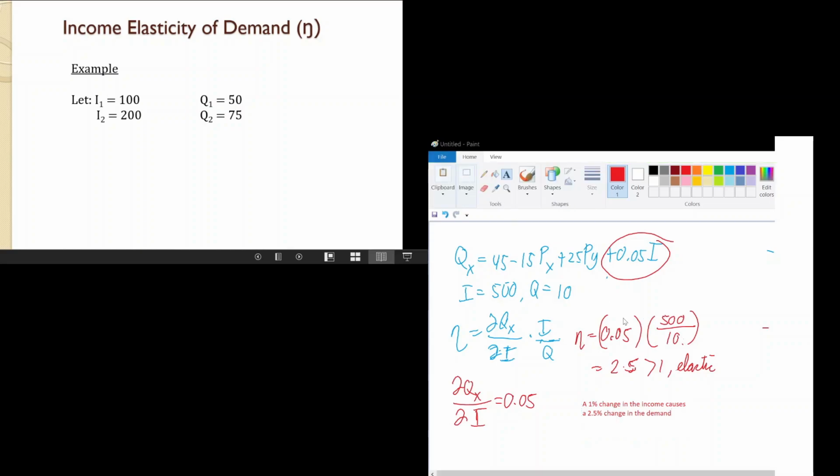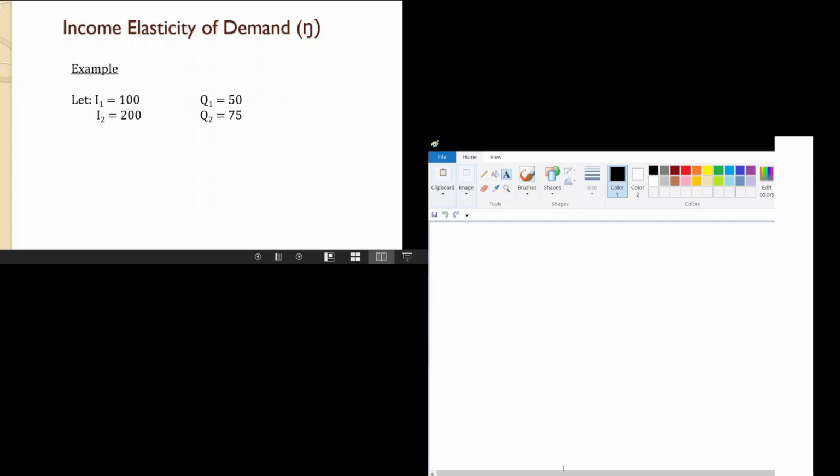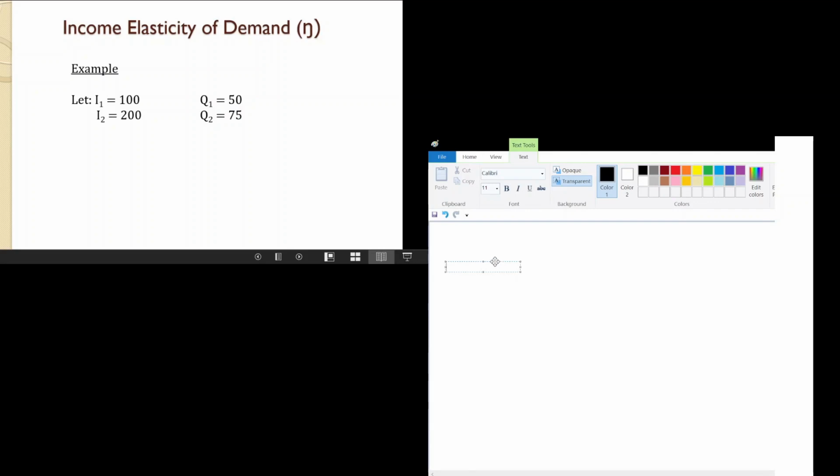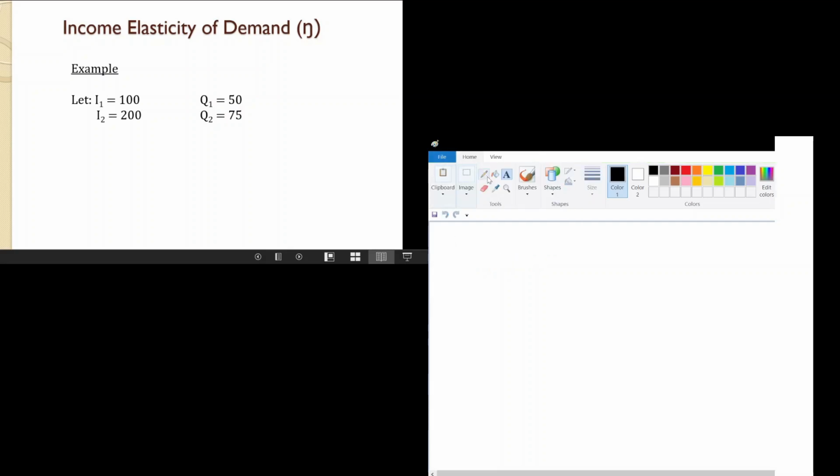So let's try to solve. Okay, so ang income elasticity natin is equal to Q2 minus Q1 over Q2 plus Q1 all over I2 minus I1 over I2 plus I1.